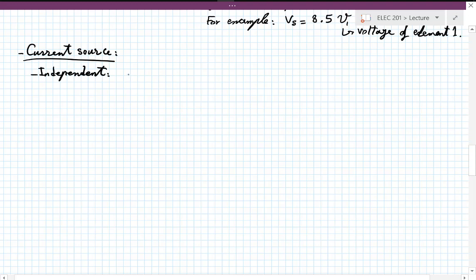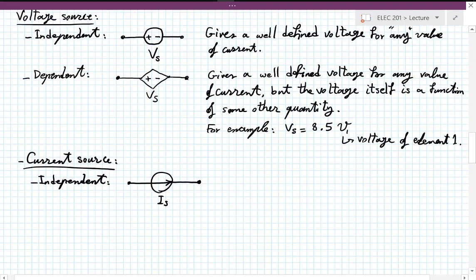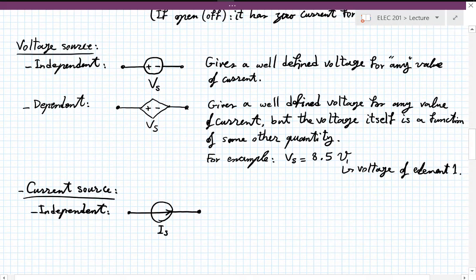An independent current source is shown like this, and it would have some current Is running through it. So I want you to think about, in analogy with a voltage source, what the definition or description of a current source is. You didn't mention the current in the dependent source. Say again? What can the current be in the dependent voltage source? For any value of current.